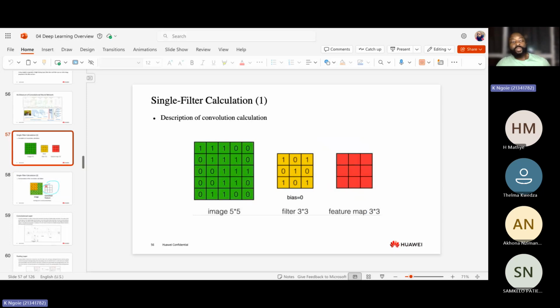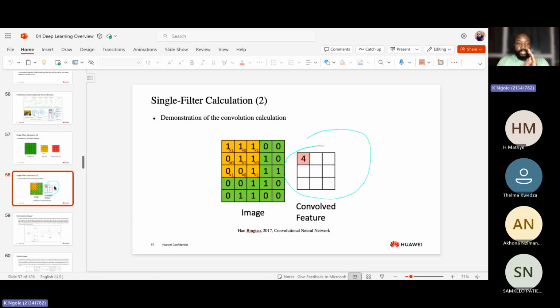All right. So remember yesterday when we were showing the convolutional calculation, what will happen in a CNN, a convolutional neural network. We mentioned that we have a kernel or a filter which will be applied to the input layer to get the feature map.